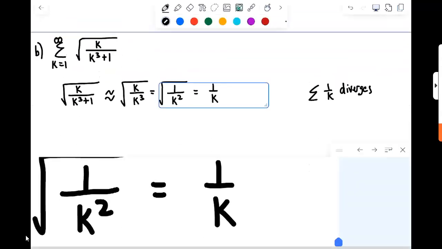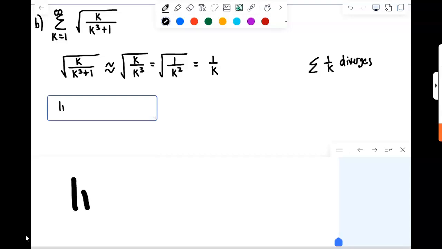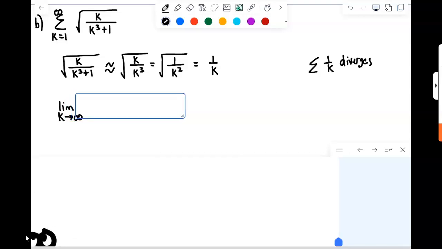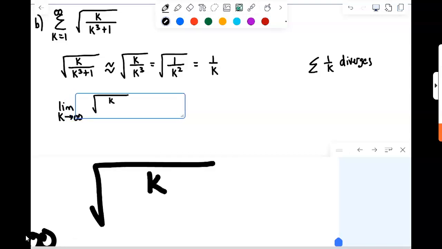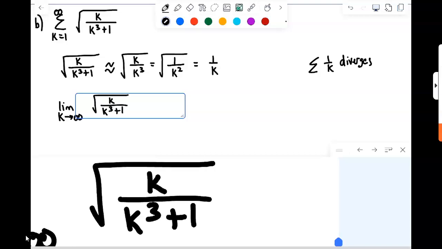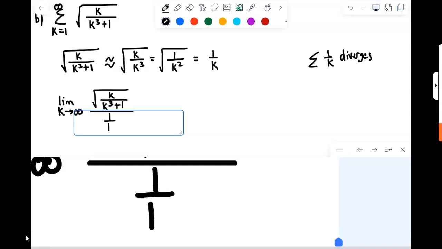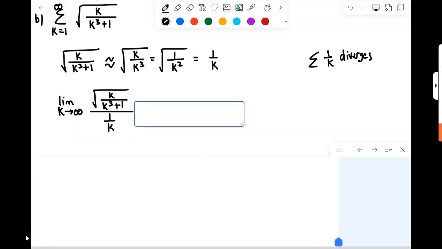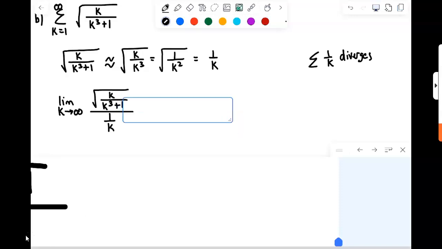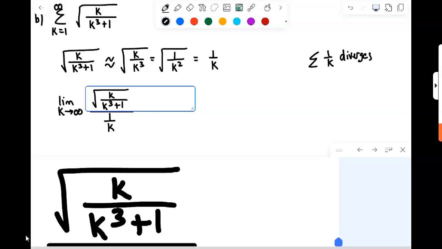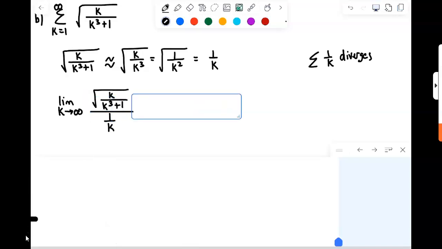So we begin to look at the limit as k goes to infinity of the top sequence, square root of k over k cubed plus 1, and we're comparing that to the 1 over k sequence. Now, before I start trying to invoke something like L'Hopital's rule here, let's be honest, the derivative of that top is not something I really want to think about computing.